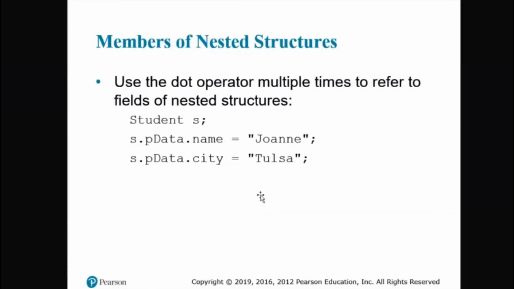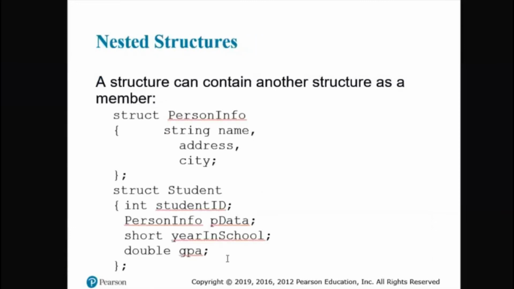But one thing, when you are accessing this one, you will have to access like this: the student dot the other structure, let's suppose p data, and then dot, because it is two levels. Student dot the nested structure name dot the nested structure data member.